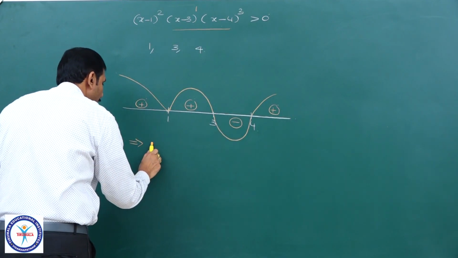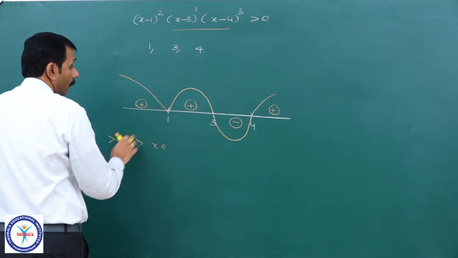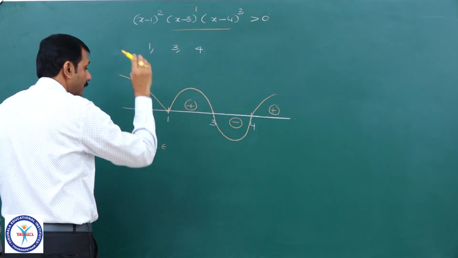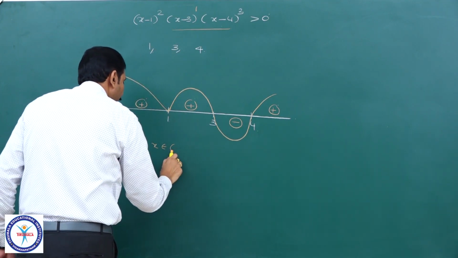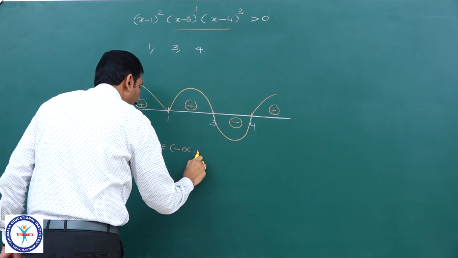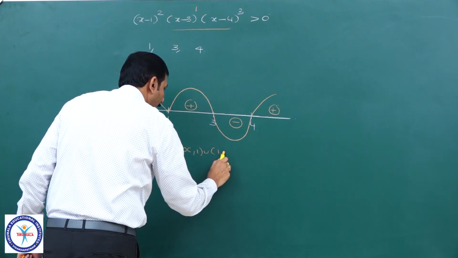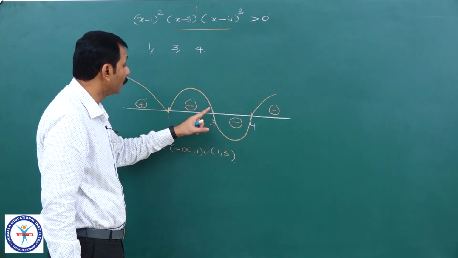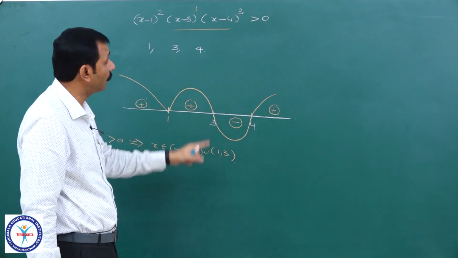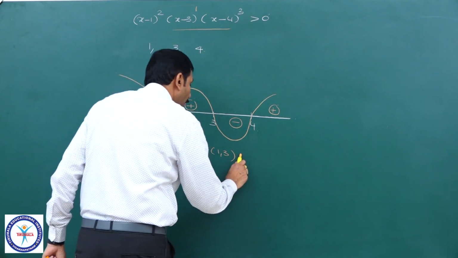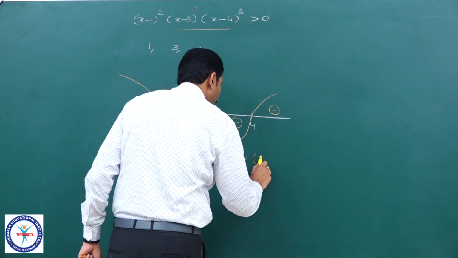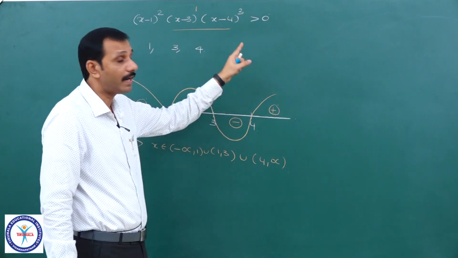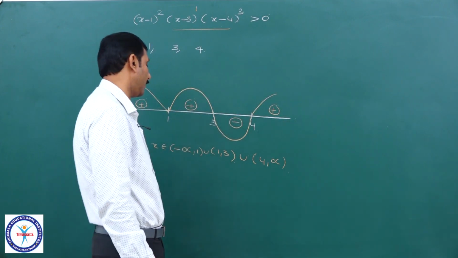Therefore, what I will write: x belongs to minus infinity comma 1, I should not include 1 because at x equal to 1 it is 0 and I want greater than 0, union 1 comma 3. This one also I am writing as an open interval because if you substitute x equal to 3 it will become 0. I want greater than 0. Union next, from 4 onwards I will write open 4 to infinity, because 4 should not be included as it is greater than 0 on the right side.